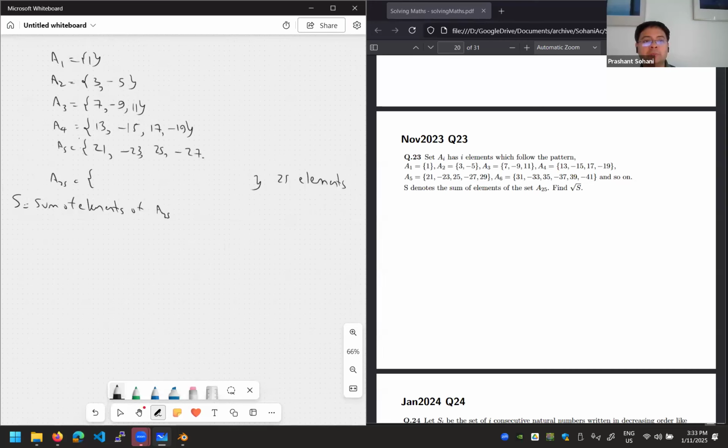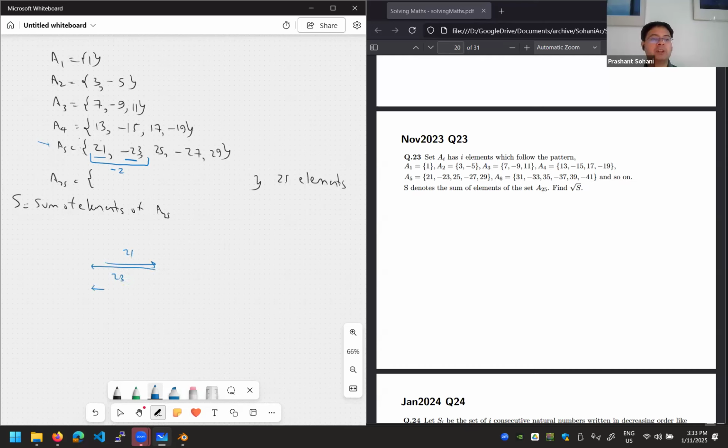Let us look at A5 for example. The terms are alternating with sign, and the magnitude is also increasing by 2, right? If I just take this pair, 21 and minus 23, what is the sum of these two together? It is minus 2, because it is like going ahead by 21 and then coming back 23.